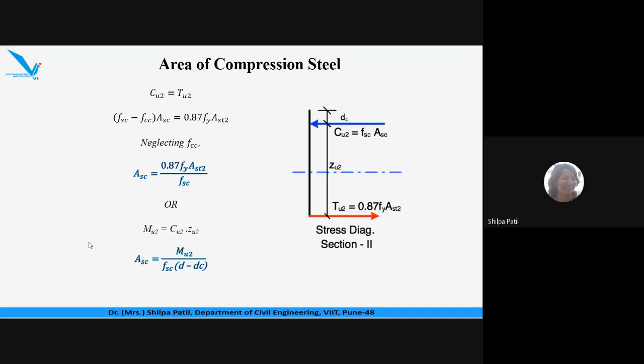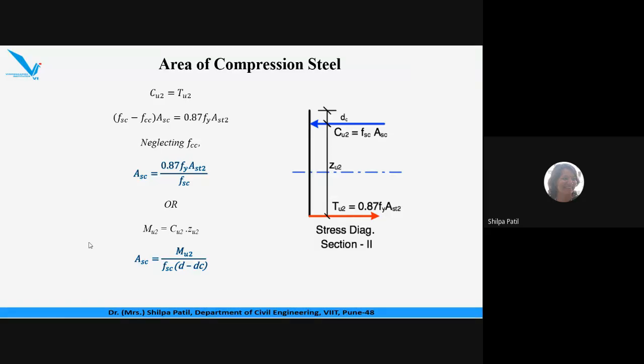FCK is the grade of the concrete and FY is the grade of the steel. For a given section with specific dimensions, steel grade and concrete grade, all these terms remain constant. Now what is variable in this expression? AST. AST will also remain constant if we know the number of bars present in the tension zone.